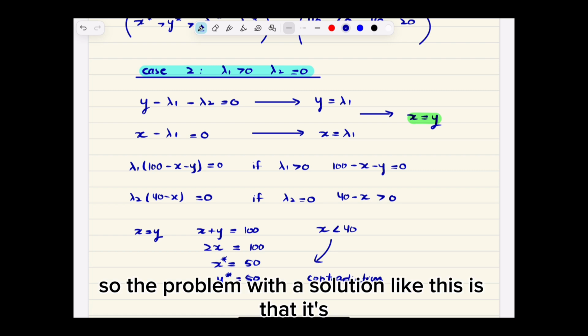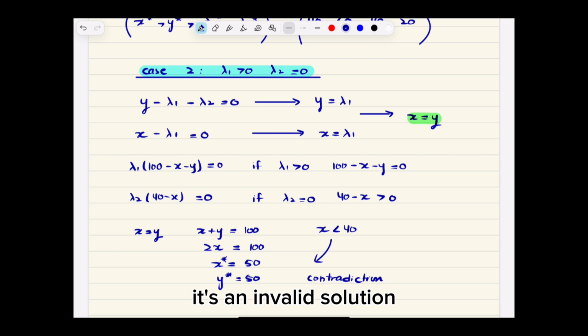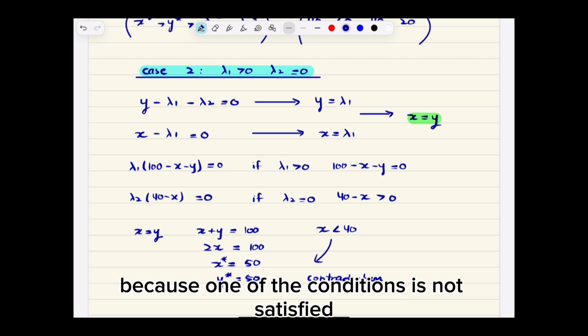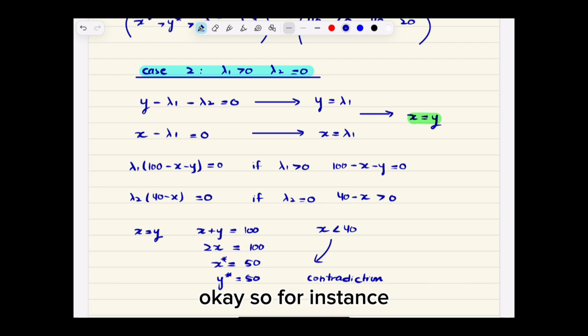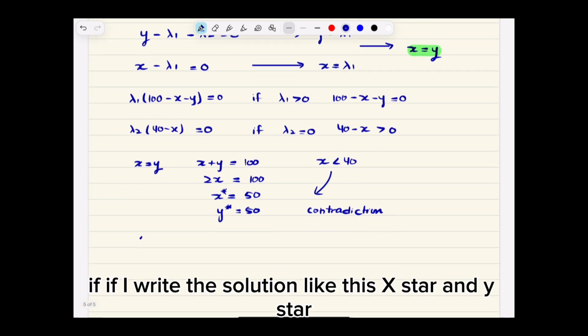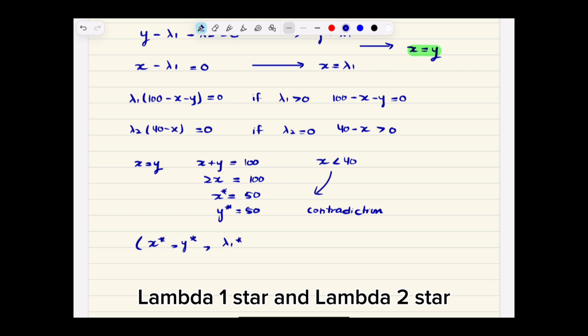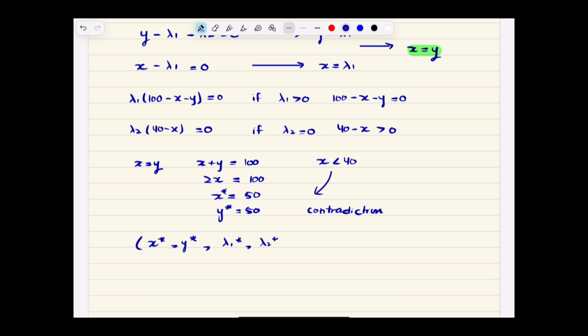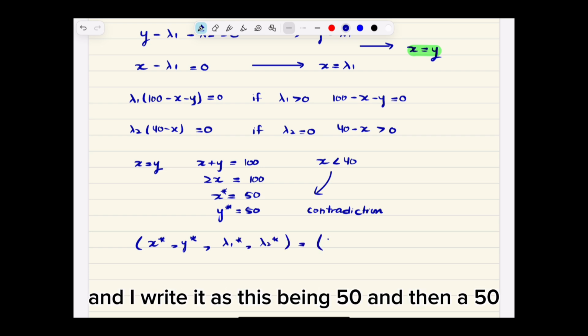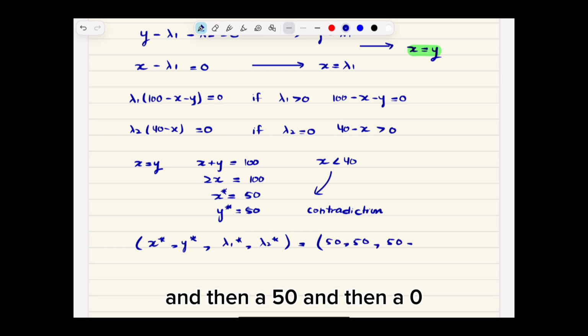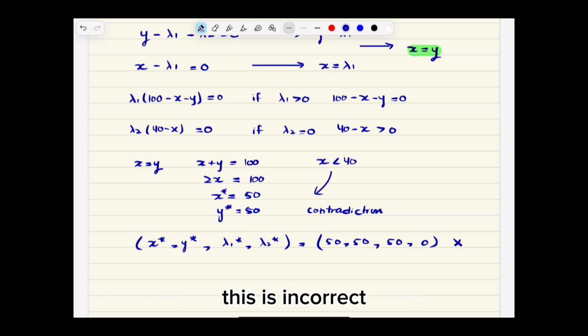So the problem with a solution like this is that it's an invalid solution because one of the conditions is not satisfied. For instance, if I write the solution like this, x star, y star, lambda 1 star and lambda 2 star, as 50, 50, 50 and 0, this is incorrect.